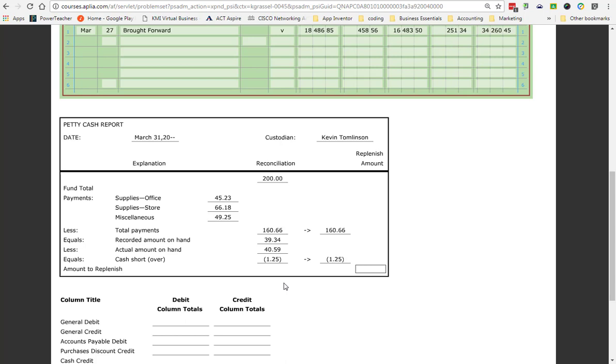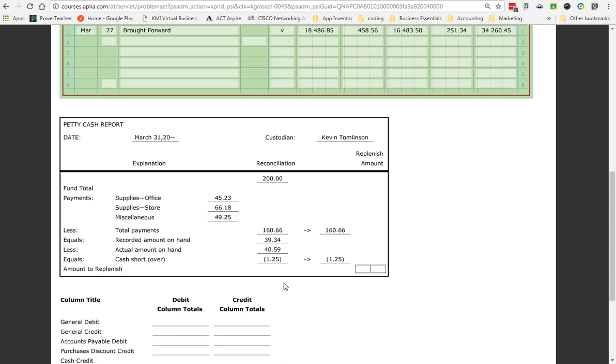The total amount of all of my receipts equaled 160.66. And in the past, all I would have done is write a check for 160.66. But what would happen over time is the actual amount in your petty cash box would not equal exactly 200. So we only want to write a check so we have exactly $200 worth of cash.